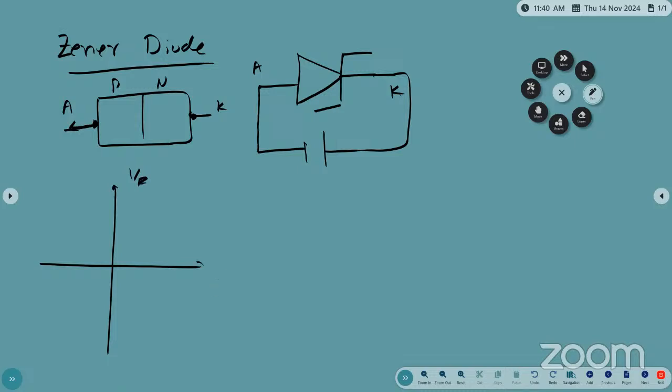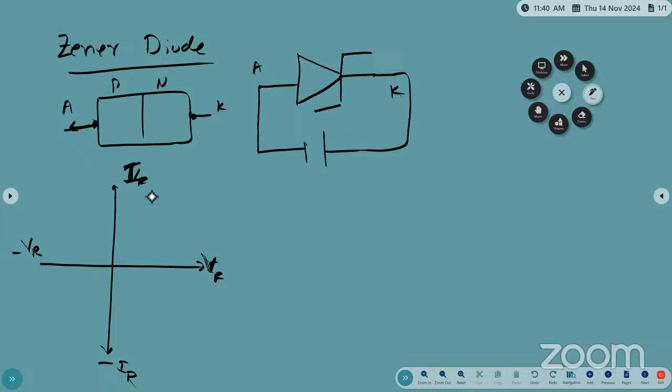VF, IF, VR, minus IF. The reverse voltage, reverse current. This is the IR, don't get confused.